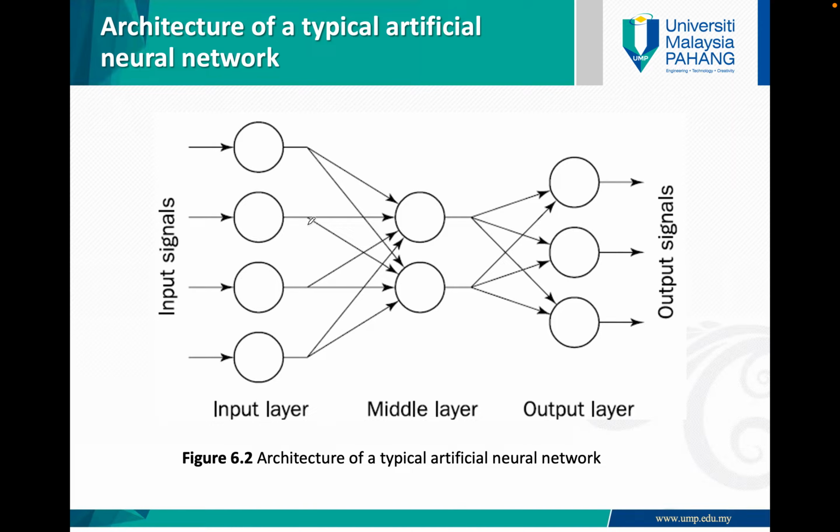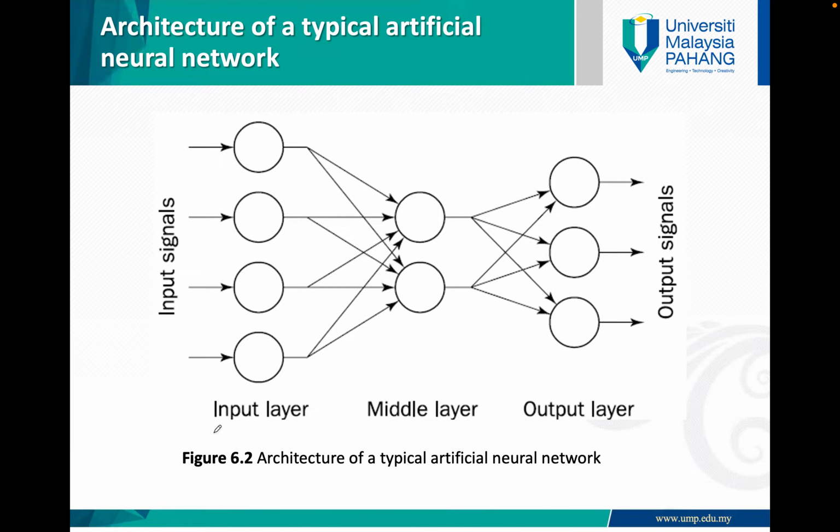So this is the architecture of an artificial neural network. If you are given this figure, you should already know that this is the architecture of a neural network.